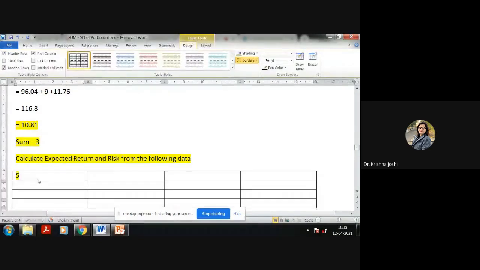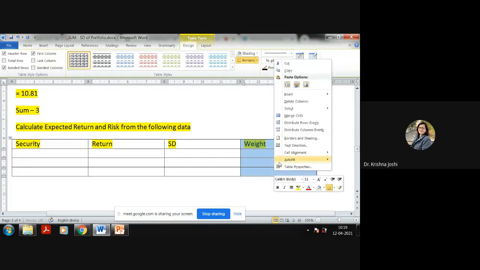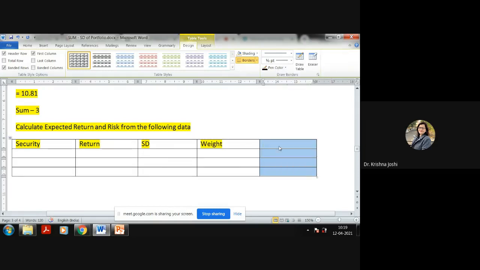So here is the security, here is the return, here is the standard deviation, here is the weight, and here is the covariance. Security A or 1.